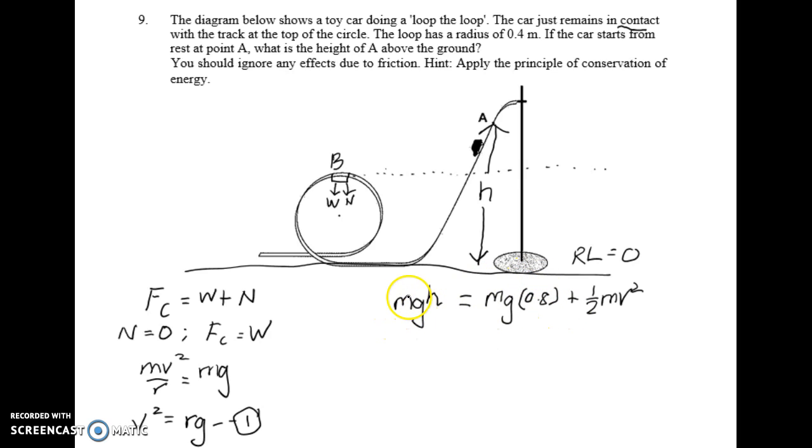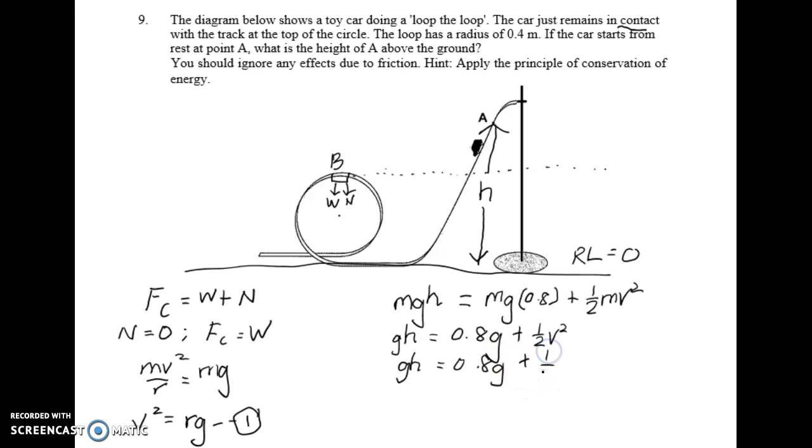But first thing we can do, maybe we can ignore the m. If we ignore the m, we can simplify it slightly more. We have v squared, and for v squared we have equation number 1, so maybe we can try something from there.